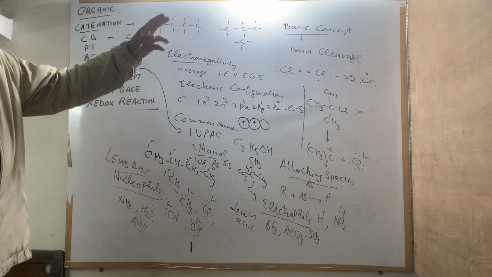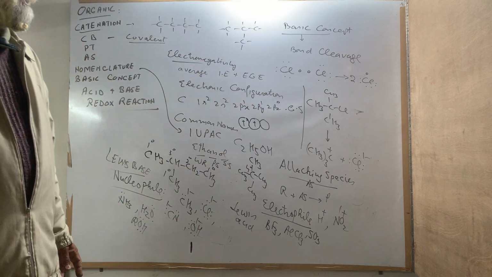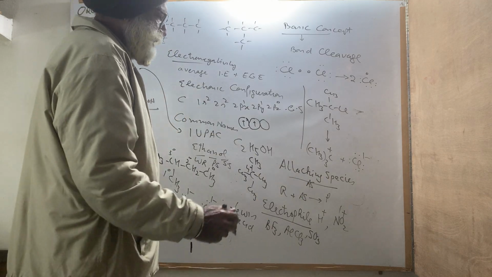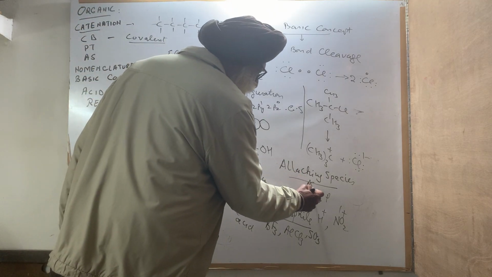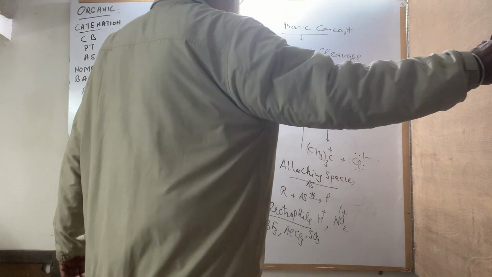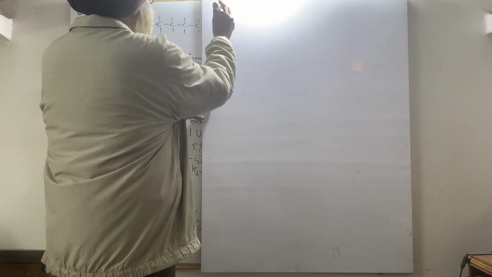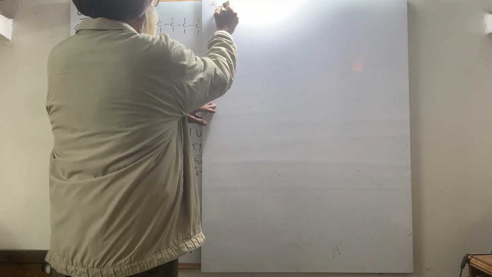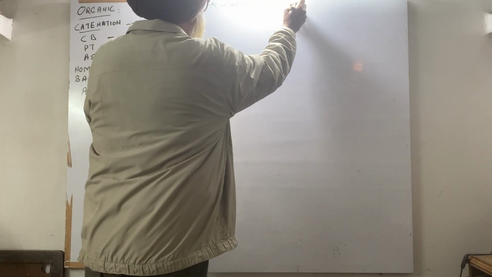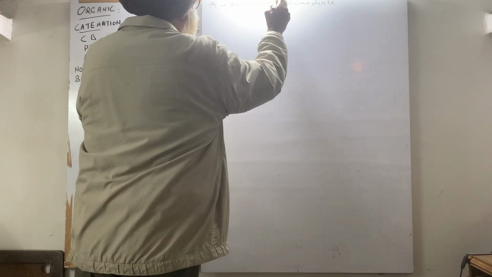So first of all, we have seen bond cleavage, then we have seen attacking species. Now let us see, because reactant is changing into product, we are having this star. This star means reaction intermediate. So this is known as reaction intermediate.